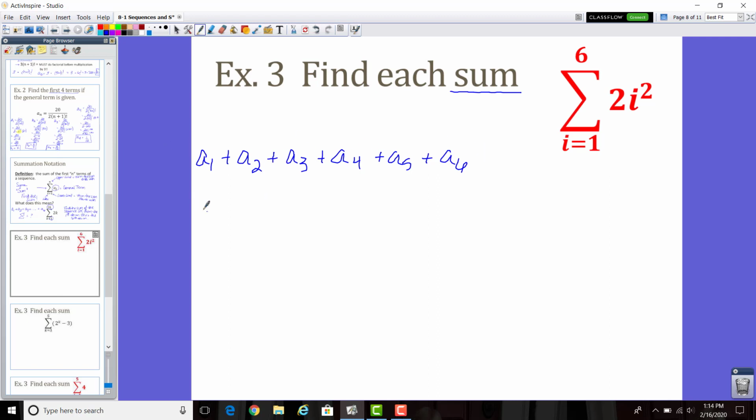You have to make sure those are correct. So the first term, we know if our general term is 2i squared, and if this i changes to a number, then this i changes to a number. So we're going to find the first term and the second term, which means my i's are all changing to the term numbers that I need them to be.